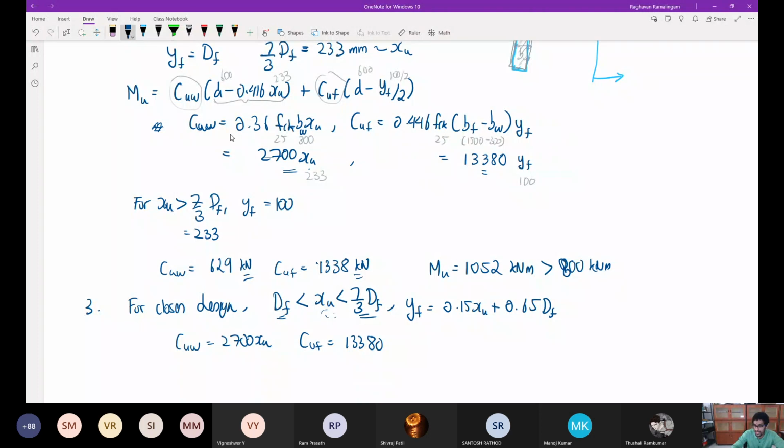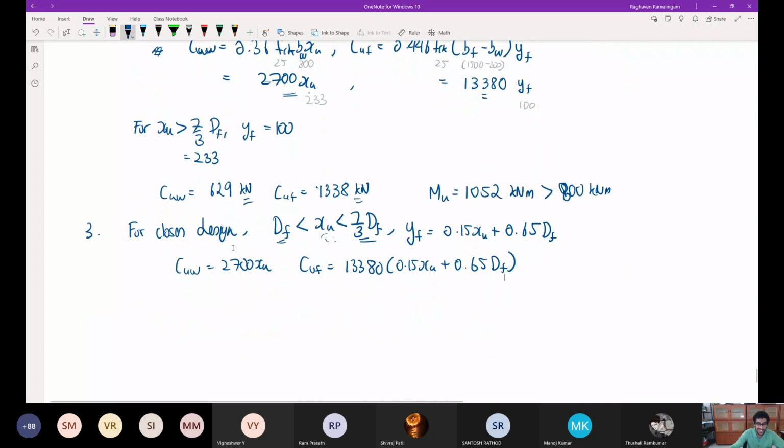But what is YF? YF is 0.15 XU plus 0.65 DF. So you actually have it like this now. It's a pretty big equation, which is not very nice to look at. I mean, it has not become big yet, it's going to become big.